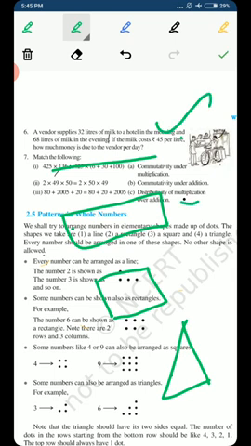Only these 4 patterns or shapes are allowed, and we use dots to make these patterns. And a particular rule for the triangle pattern is that beginning from the first row there should be 1 dot in the first row, 2 dots in the second row, 3 dots in the third row, and so on we proceed.